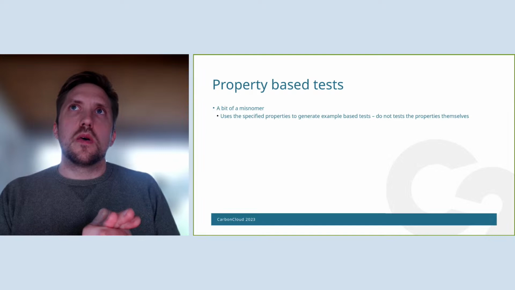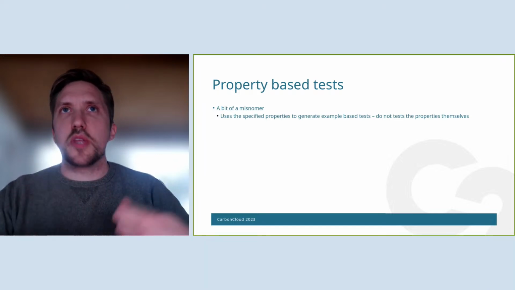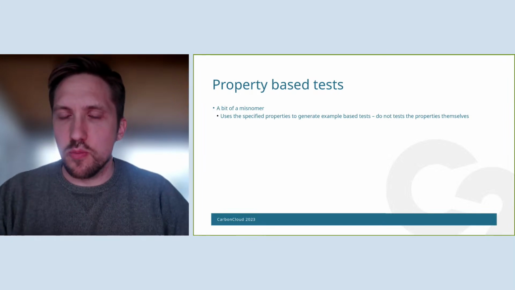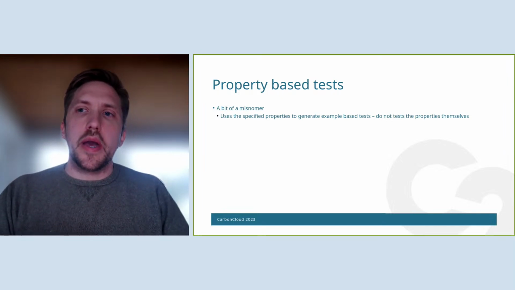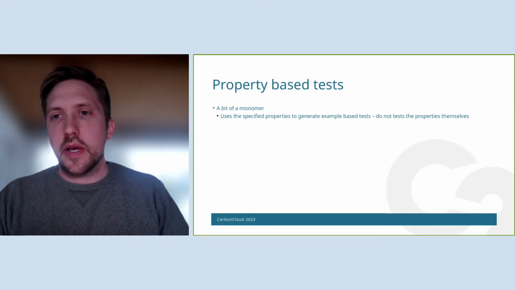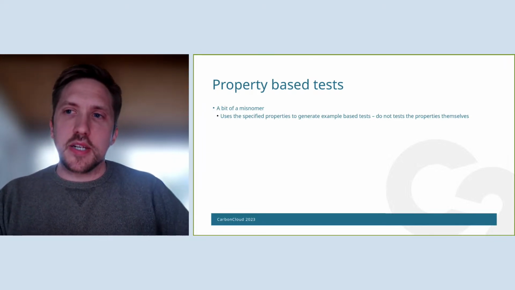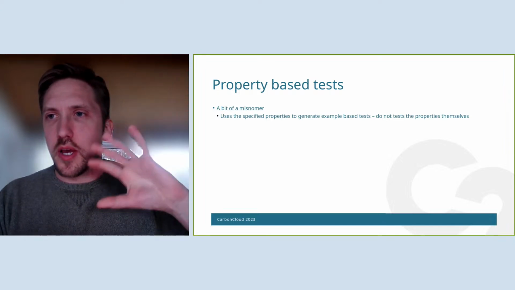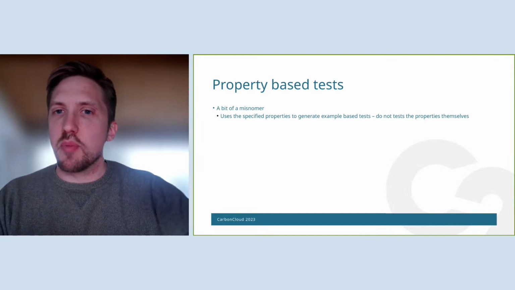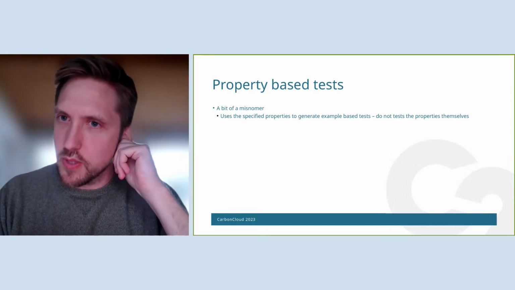And then you haven't specified what x and y are, but you know that it should always be true, which is good. It's a good way to think about a problem, but it doesn't actually test those properties. It uses that description of the property and generates example-based tests and runs those examples, right?